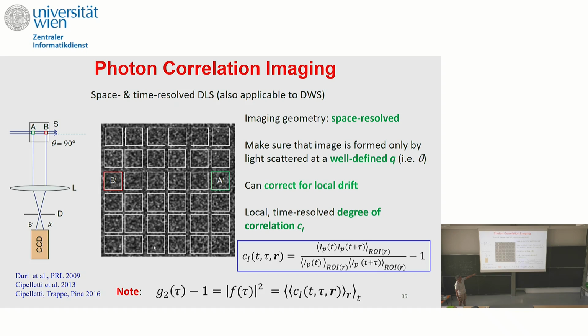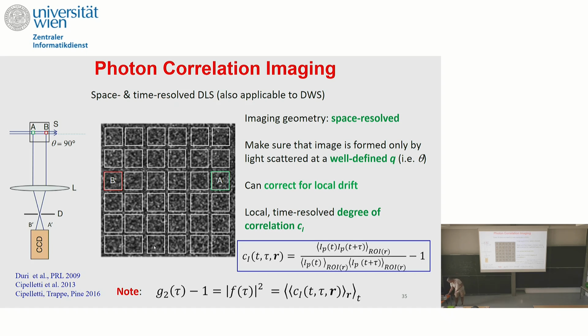My degree of correlation now depends also on location R in the sample. What is the relationship with the usual correlation function? The usual correlation function G2 minus 1 averages over time, but also over the whole illuminated sample volume. So if I take this guy here and I further average it over all possible locations in my speckle image and all times, I get the usual G2 minus 1.